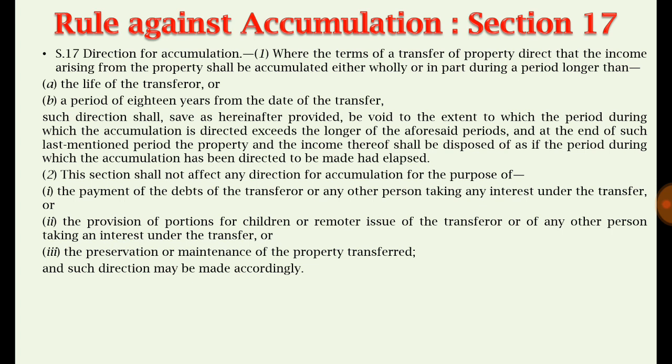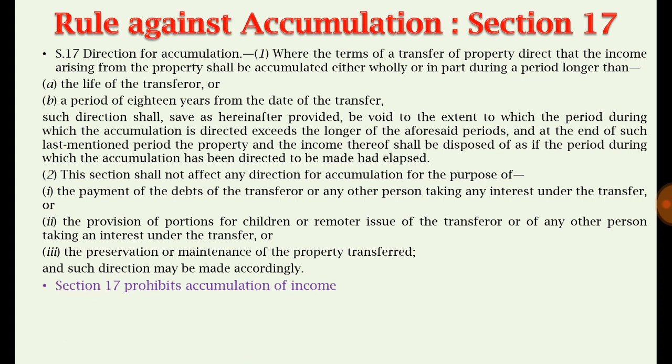According to section 17, where the terms of transfer of property direct that income arising from property shall be accumulated either wholly or in part during a period longer than the life of the transferor or the period of 18 years from the date of transfer, such direction shall be void to the extent to which the period during which accumulation is directed exceeds the longer of the above periods. And there are certain exceptions also. Afterwards we are going to discuss the exceptions.